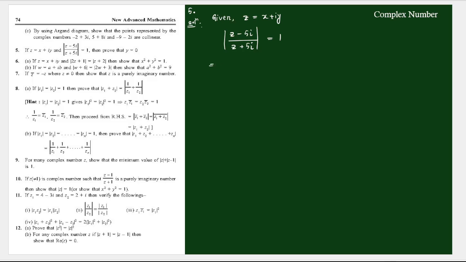So this one you can break down: modulus of z minus 5i equals modulus of z plus 5i. Then what do we have? z minus 5i, we want to transfer to this side, multiplied by z plus 5i.